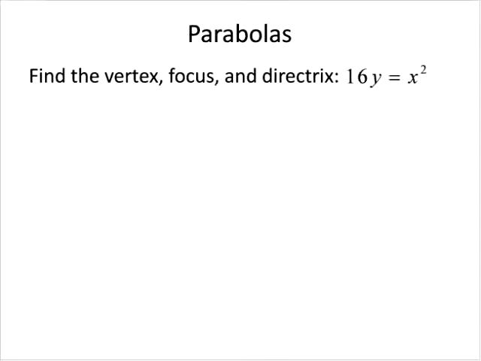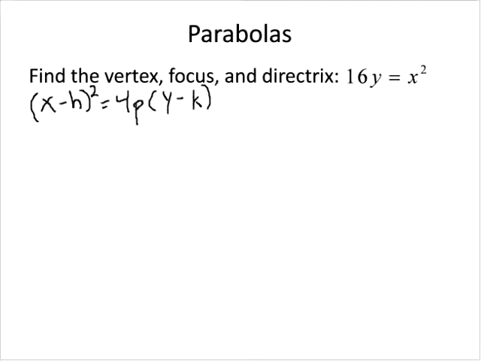So here we go. We've got an example. 16y equals x squared. We're supposed to find the vertex, focus, and directrix. What I'd like to do is get it in our format. Remember, our format would be x minus h, all squared, equals 4p times y minus k.